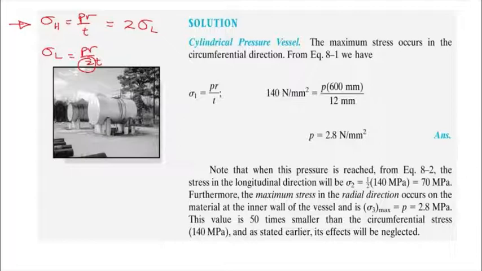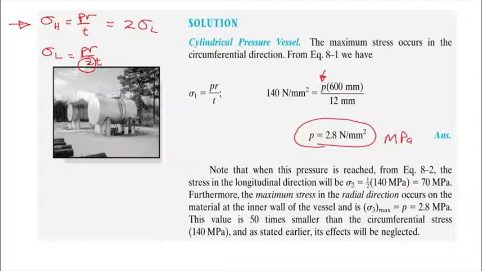So you don't need to do two calculations. Just calculate for sigma H, which will give you the largest stress, because we have a stress limit or allowable stress, and that goes into sigma H. So sigma H or sigma 1 is PR over T, and the only unknown we have in the equation is P, which gives us P is 2.8 newtons per square millimeter, or in other words, megapascal. Millimeter squared is 10 power minus 6, so Newton per meter squared will be Newton over meter squared times 10 power 6, or megapascal.